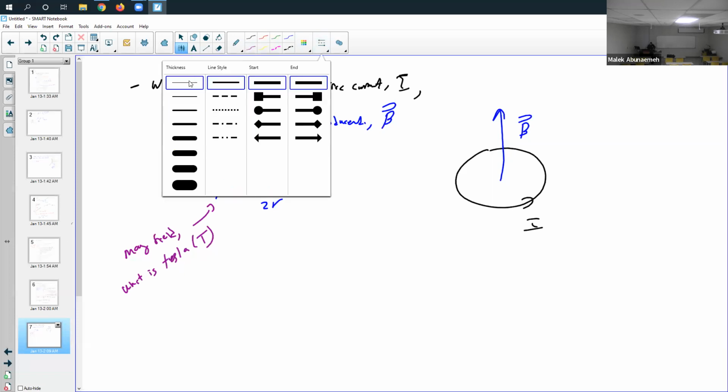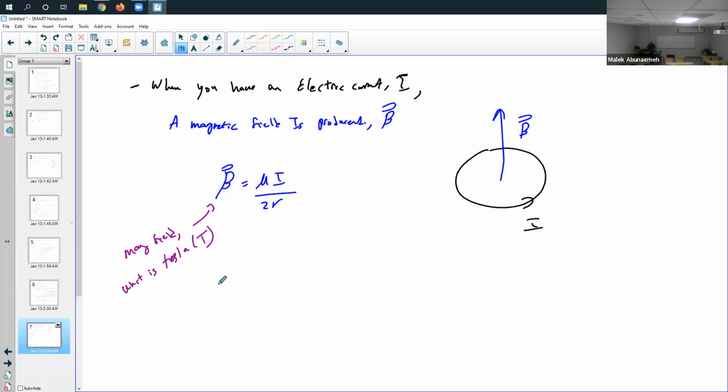Just a reminder, what's a tesla? It's newtons per amp meter. So your magnetic field equals mu I over 2R.